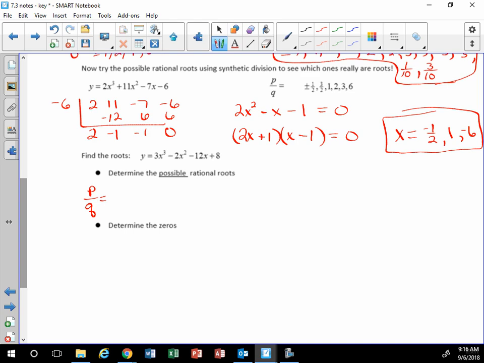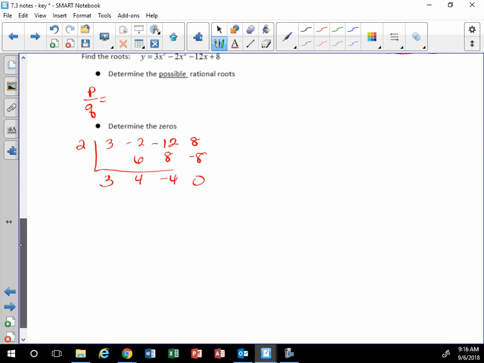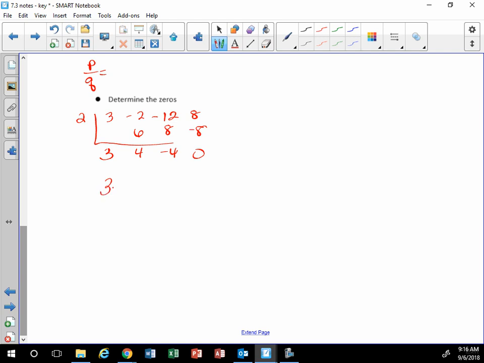And then, oh, I don't know, maybe 2 worked. Okay. So now I'm at this 3x squared plus 4x minus 4, and I'm trying to find the rest of my solutions, so I factored.